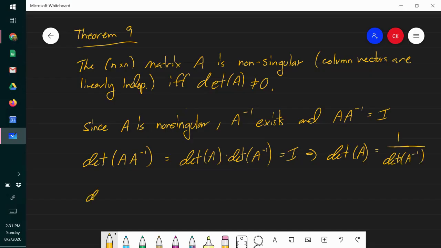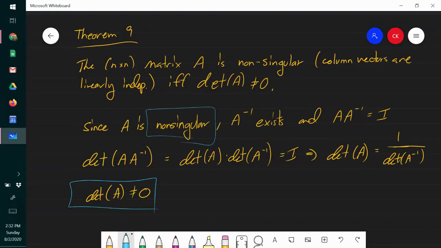Which means that the determinant of A has to be non-zero, because there's no way to make that zero. And again, that started with the assumption that A was non-singular, and we showed then that if it's non-singular, the result must be that the determinant of A is non-zero. So again, non-singular here, meaning the determinant is non-zero. So we proved that section of it.